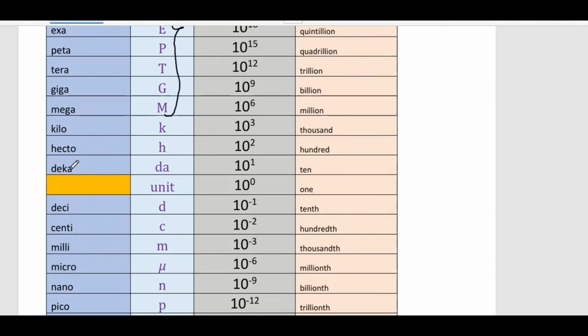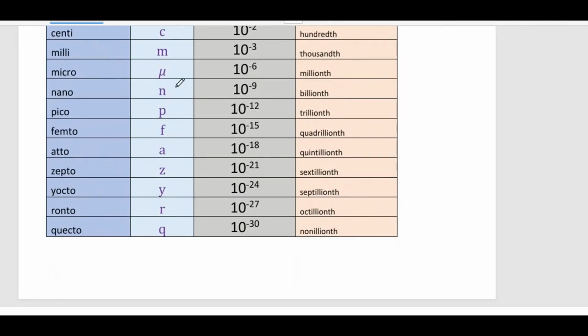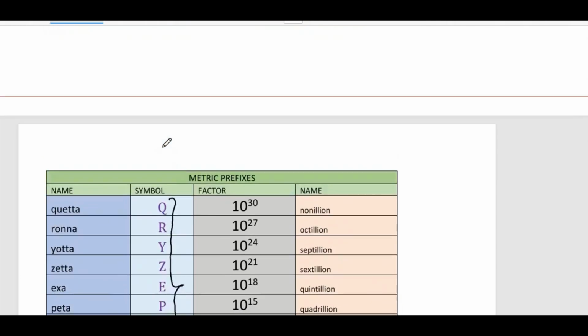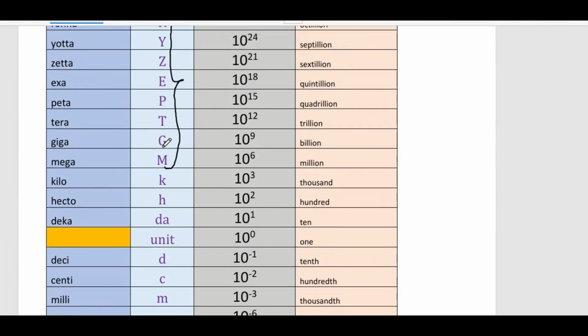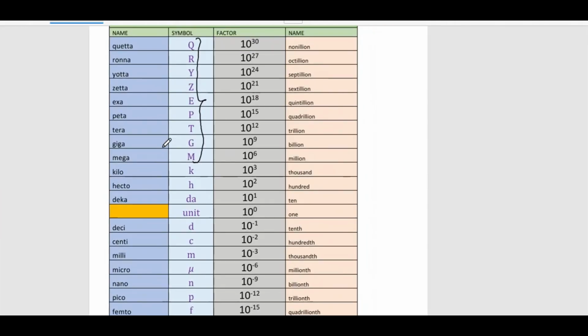Also, we have deca here, which is very special because it's the only symbol that has two letters to represent it. Comparing to all other symbols here, they have one letter, either uppercase or a lowercase letter.